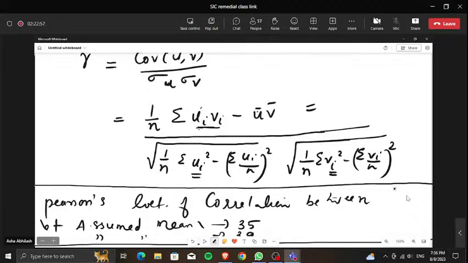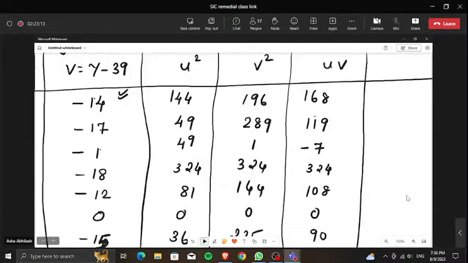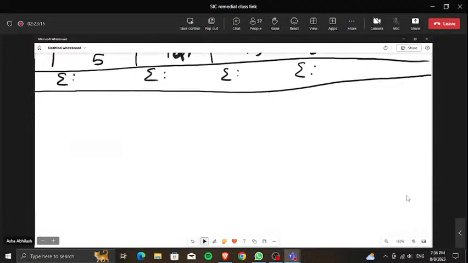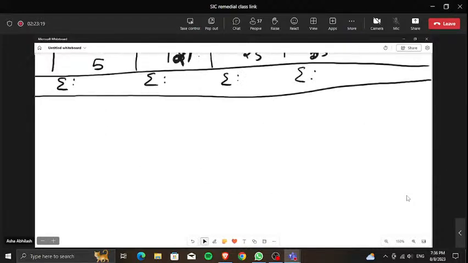For finding U bar and V bar, obviously it is summation Ui by n and summation Vi by n. So you have to find summation U and summation V also. So quickly find these values.